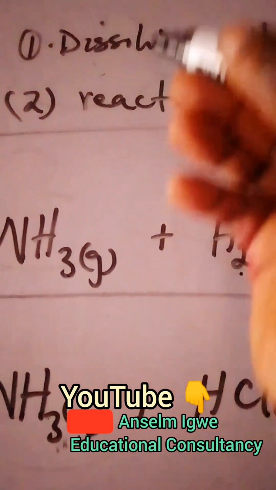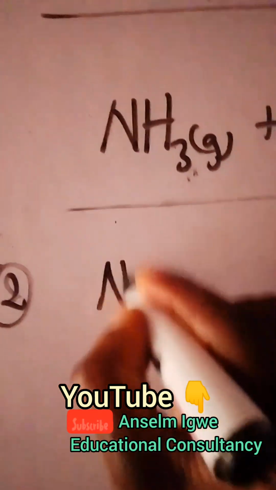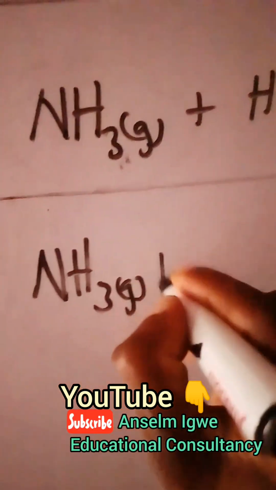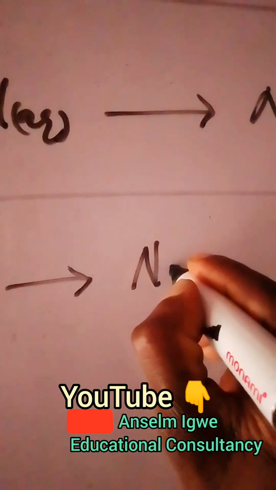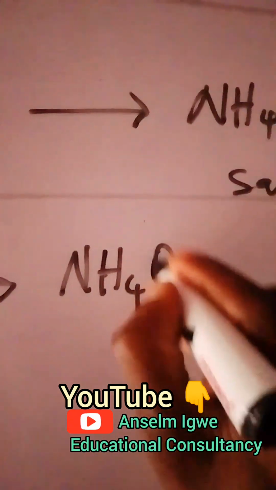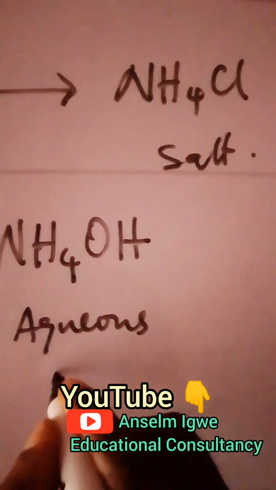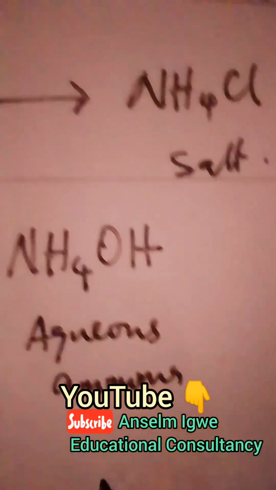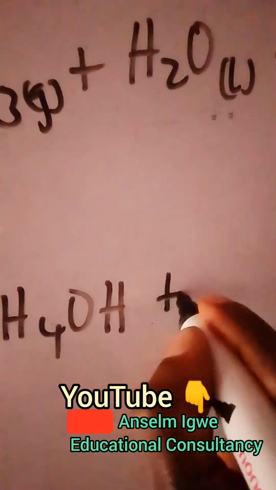Another method of producing ammonium salt is by reacting aqueous ammonia with a choice acid. Aqueous ammonia is what we get when ammonia gas dissolves in liquid water, giving ammonium hydroxide. So this aqueous ammonia, NH4OH, is dissolved in a choice acid.